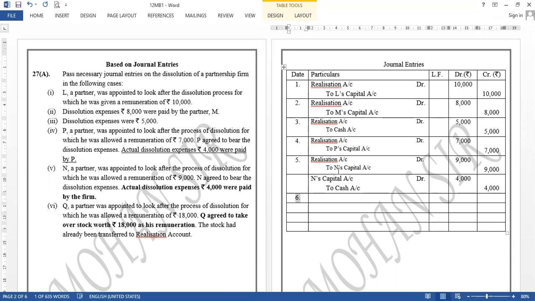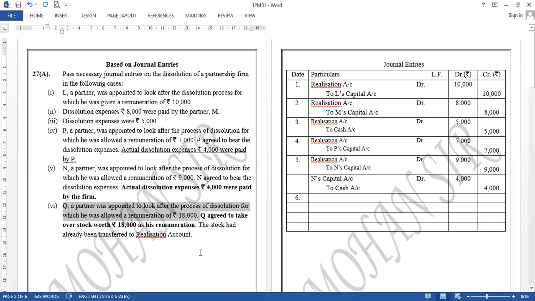Okay. Next, Q, a partner, was appointed to look after the process of dissolution for rupees 18,000 remuneration हमने agree किया, ठीक है? And Q agreed to take over the stock worth rupees 18,000 as his remuneration, and the stock had already been transferred to realization account. Anyone?